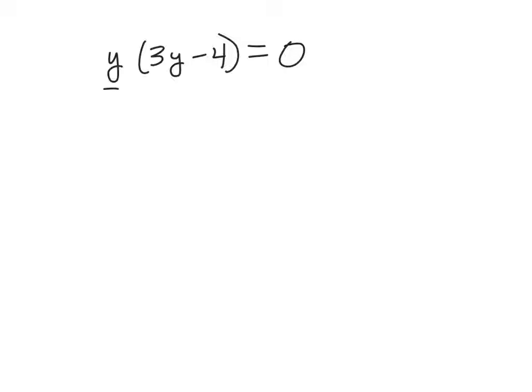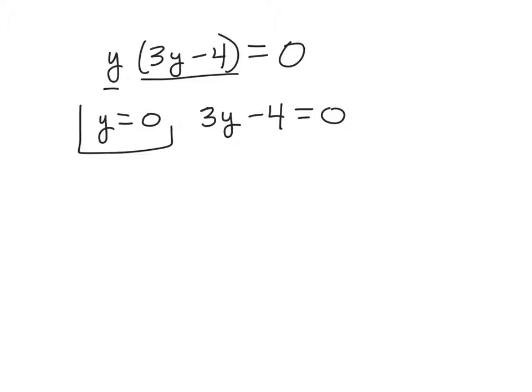Well, think of y as your A and 3y minus 4 as your B. So that'd mean either y is equal to 0 or 3y minus 4 is equal to 0. Y equals 0 is already solved. So we're done with it.